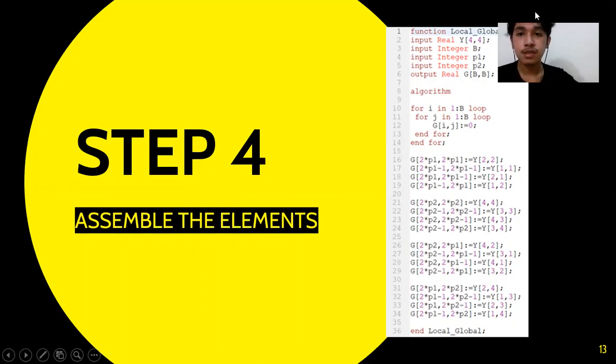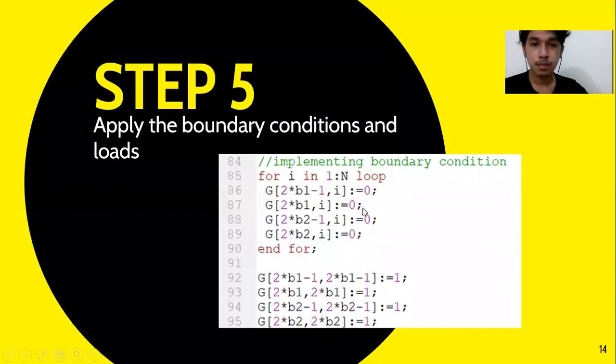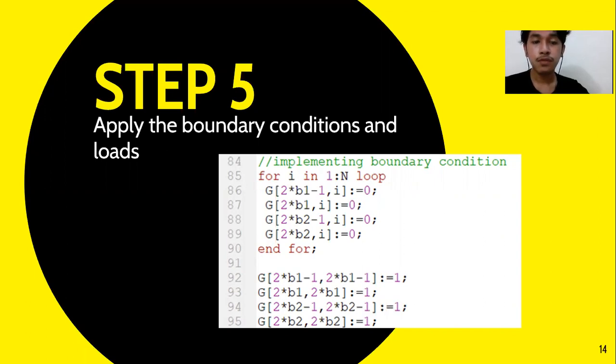So in this function of local and global, we input these codings in the algorithms. So in step 5, we apply the boundary conditions and loads. So there are boundary conditions that is attached or fixed to one of the focus that we have in the exercise.